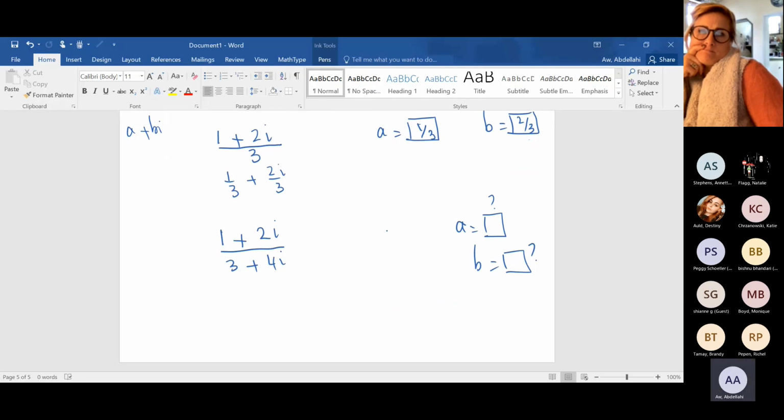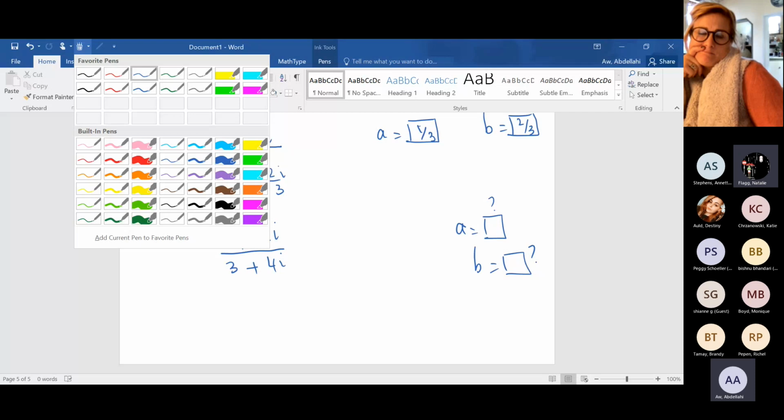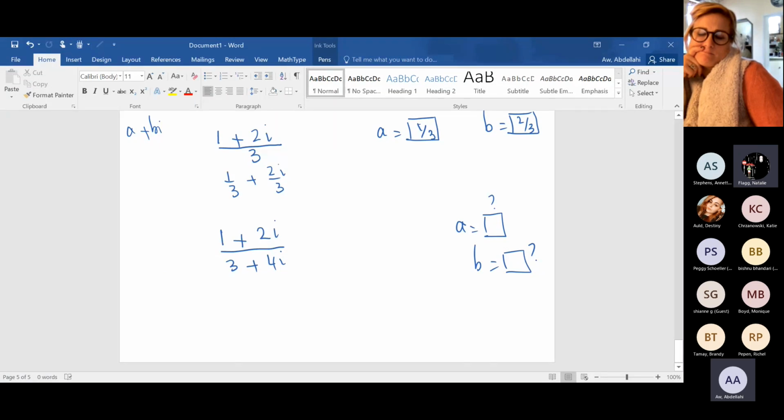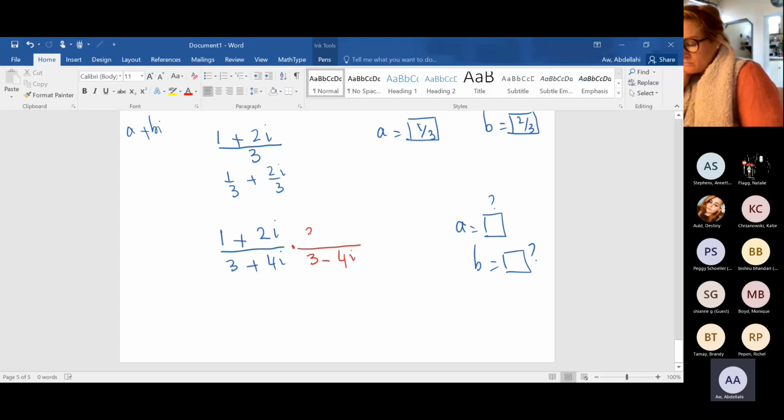Do you recall something similar we did in the previous section? Do you recall the name of that section? Something radicals. Rationalizing the denominator, that's right. When you multiply and divide by the conjugate of the denominator, your wish will come true.